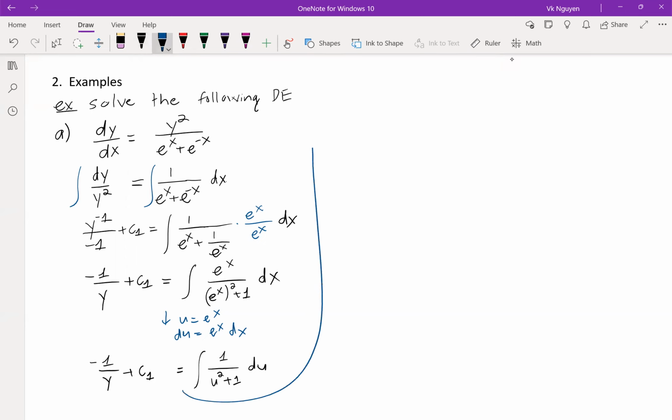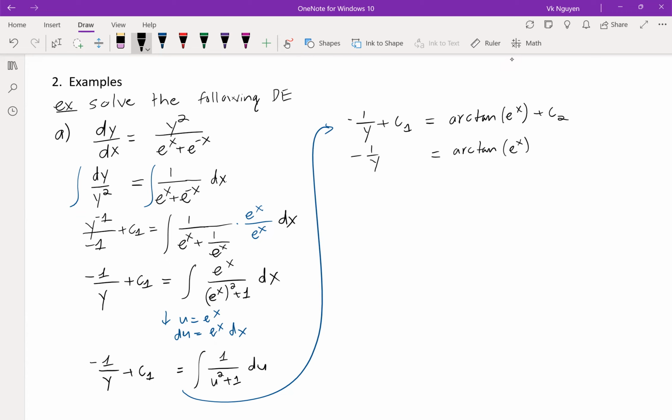Now, let's move the arrow up here. Negative 1 over y plus c1 is arctangent u. I'm going to replace it by e to the x, plus c2. Okay. Well, we can move the c1 to the other side. And next time you only write one c. Negative 1 over y is arctan e to the x.